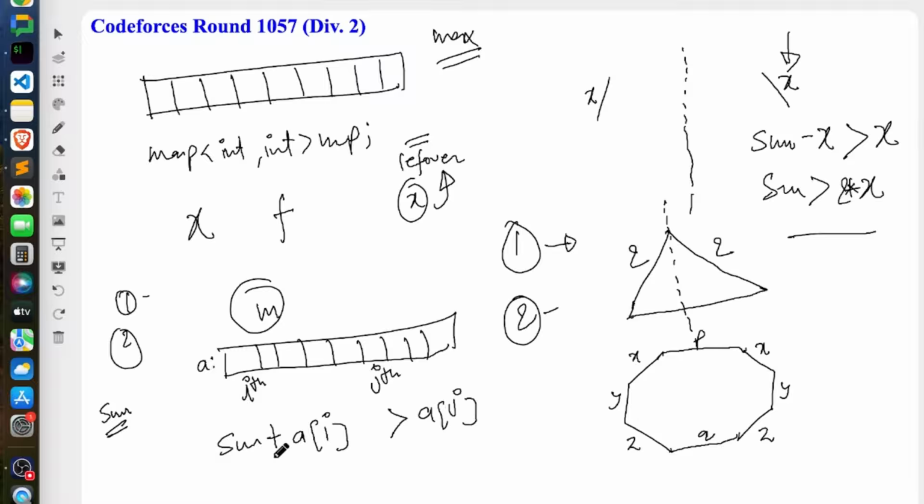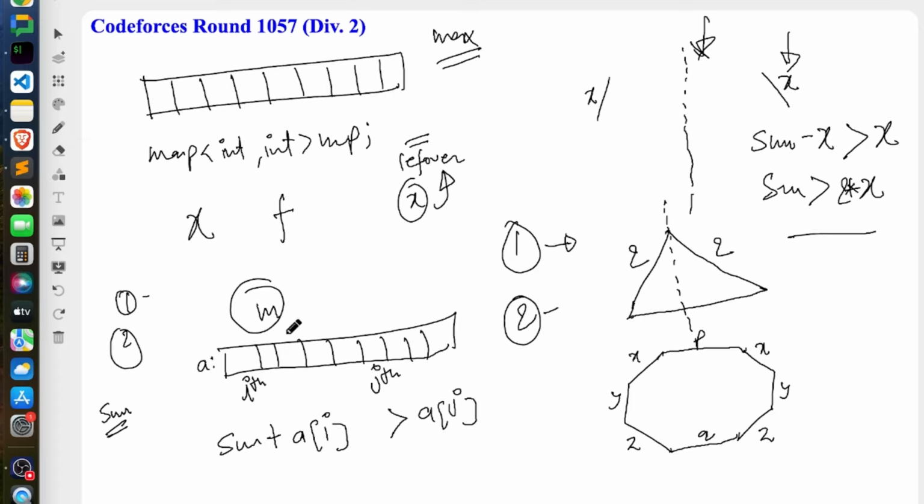I hope you understand this part, right? So what I'm doing here, the sum of all the edges excluding that edge has to be more than that edge. That's essentially what I'm doing here. This is my sum. I want to take two edges. So sum plus a of i has to be more than a of j. Then only this polygon would be convex.